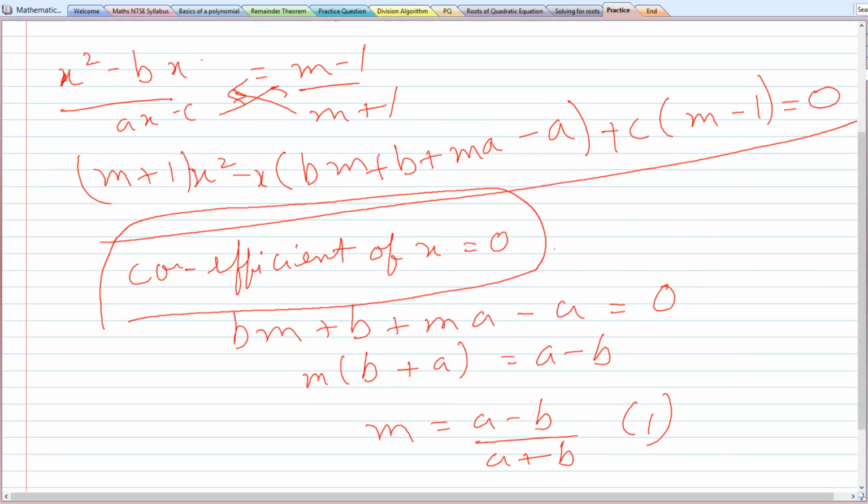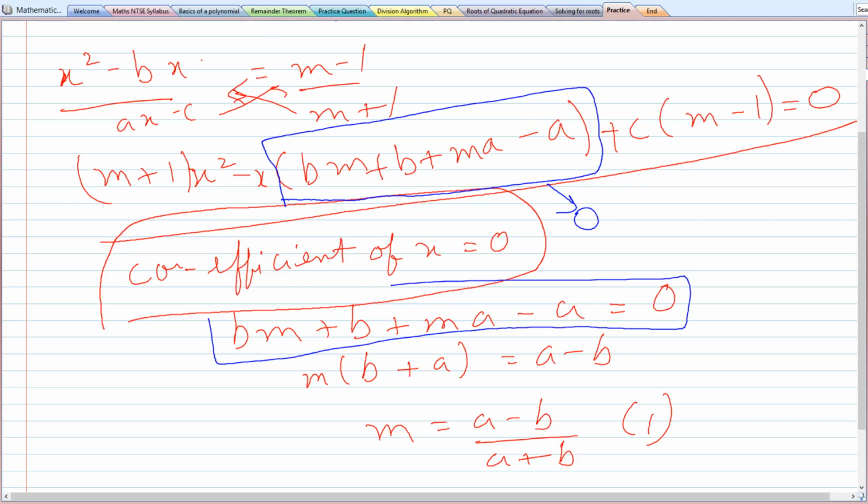So using this result, coefficient of x is equal to 0, right? And coefficient of x is this. So this part is equal to 0, which is what we have done here. Vani, is it clear now?